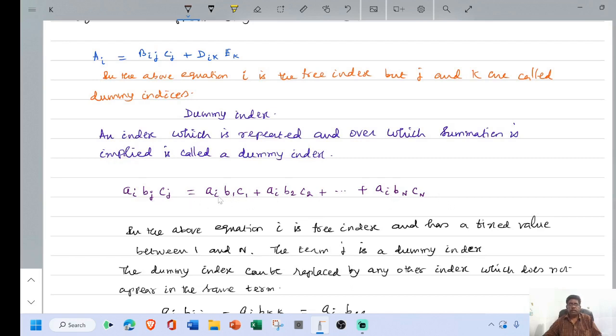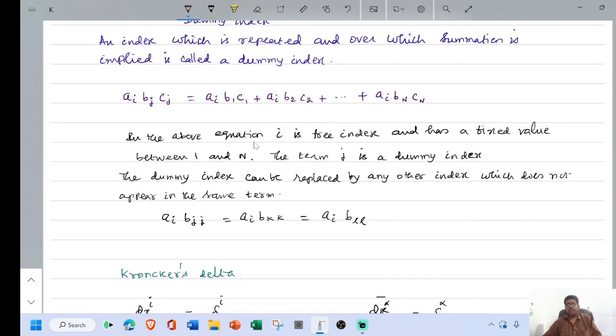See this, ai into b1 c1. 1 and 1, these two appear two times. 2, 2, then n, n. Therefore, the index j is called the dummy index, whereas i is called the real index or free index.